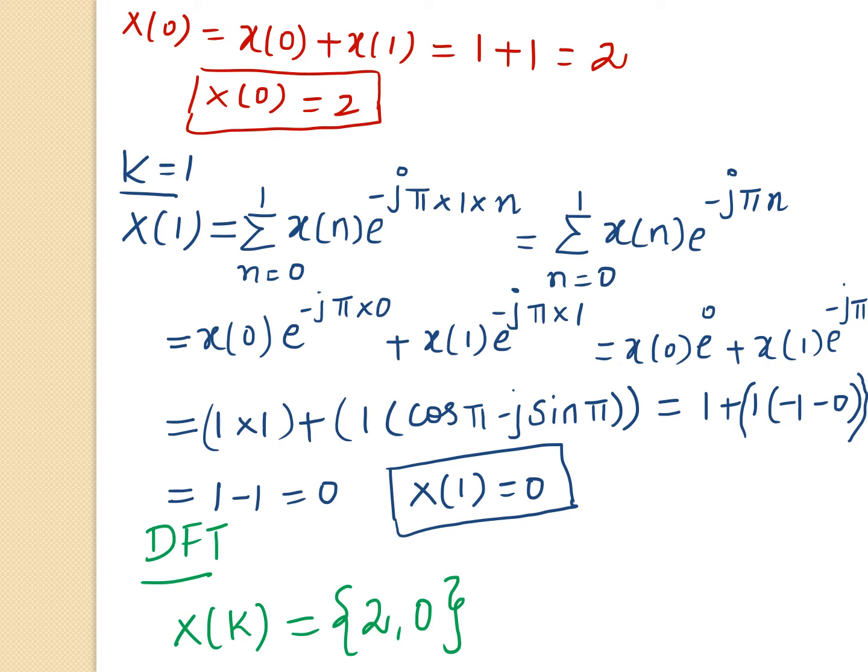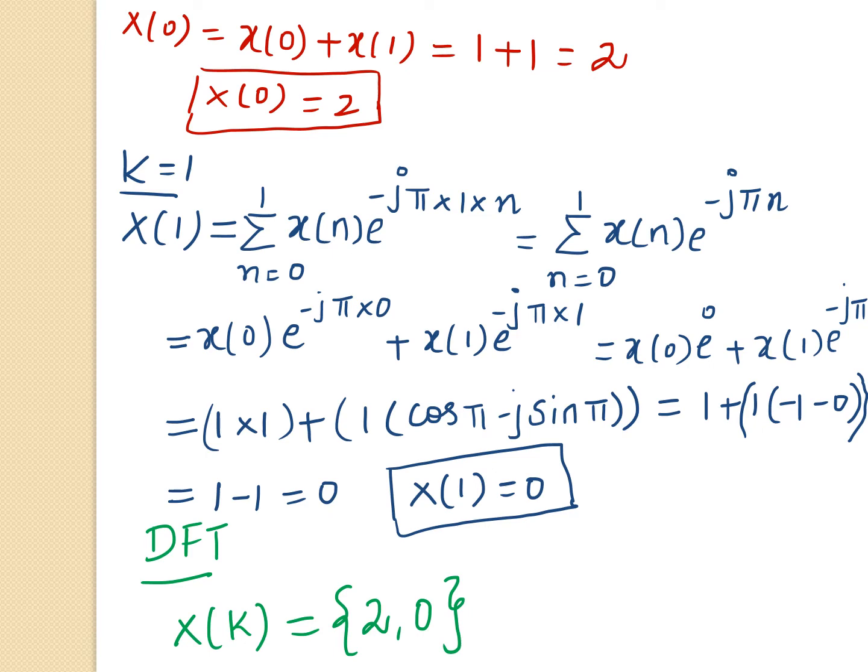So 1 into 1, plus this x of 1 value is 1, and e power minus j pi can be written as cos pi minus j sin pi, and we can replace the values for cos pi and sin pi. So cos pi value is minus 1 and sin pi value is 0. So that is written in the next step.